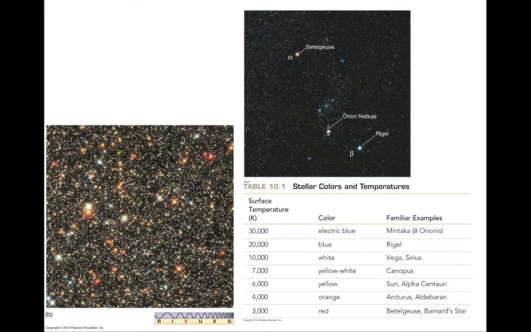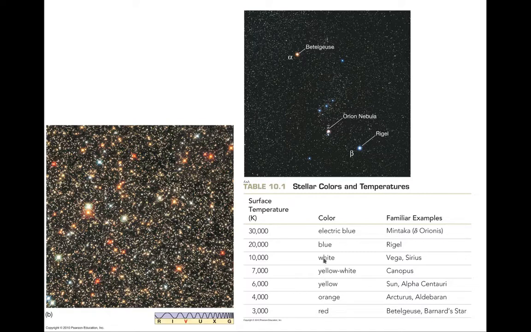Okay, so there's a relationship between colors and temperature. Betelgeuse is a giant but cool star, at 3,000 degrees Kelvin. It appears red, and it gets hotter and hotter. The sun is a nice yellow star.